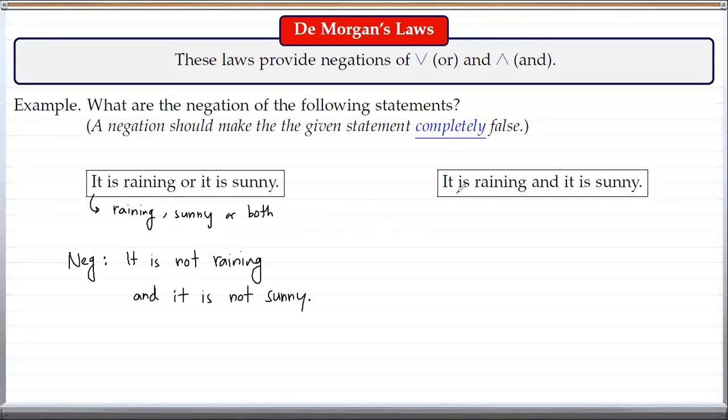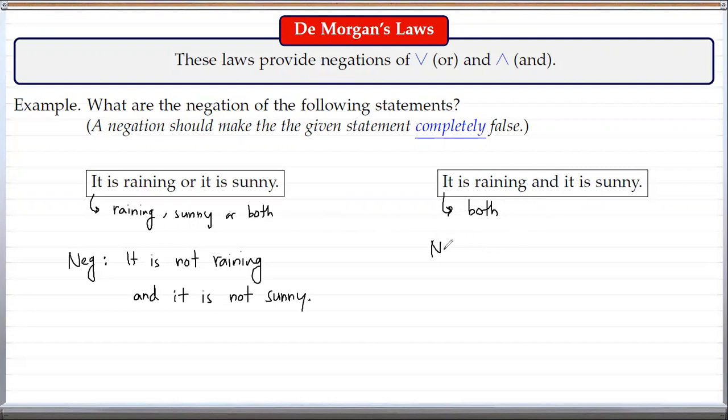Now let's look at this statement, it is raining and it is sunny. So in this case, both of them are happening. To make it completely false, we want at least one of them not happening.